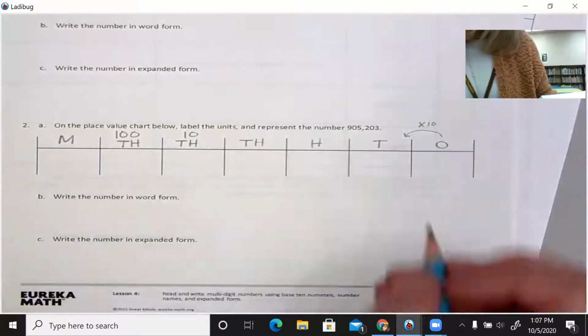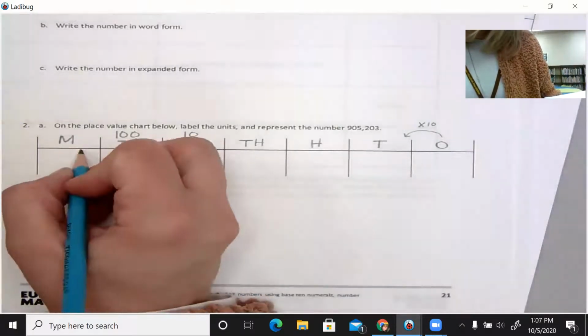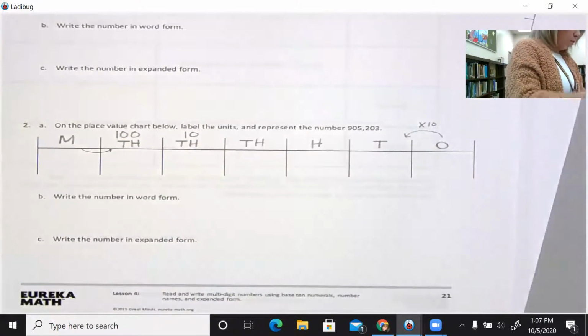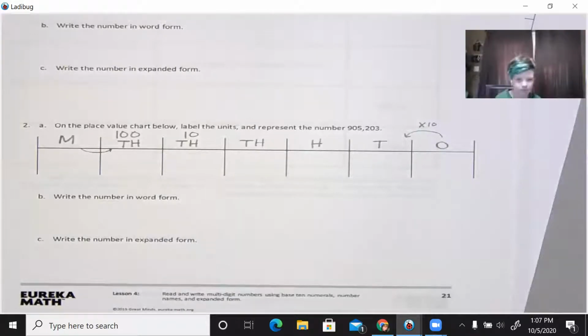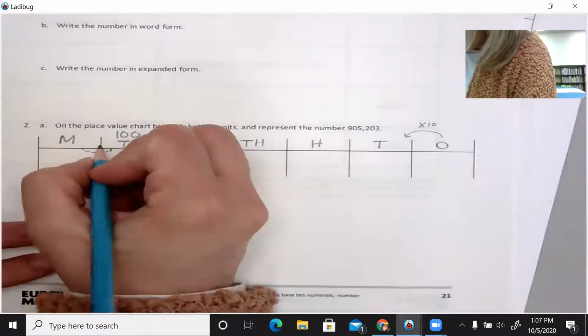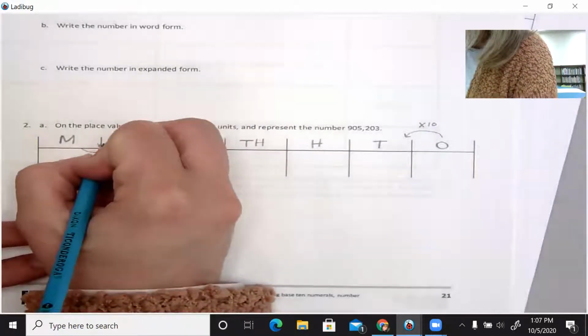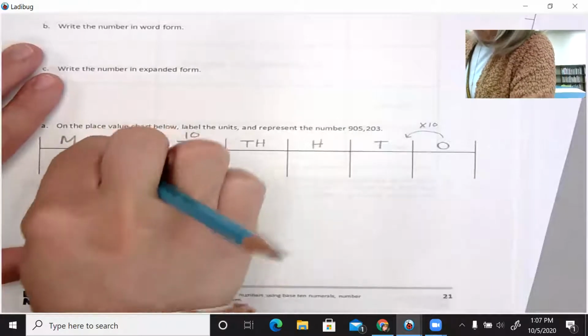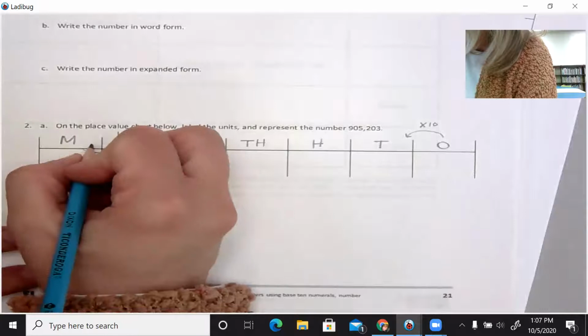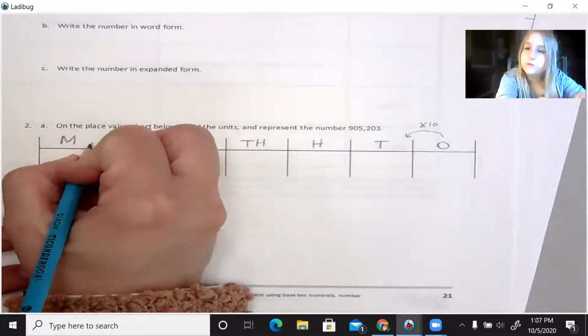When we start in the millions and go back to the 100,000s, are we getting bigger or smaller? Smaller. How much smaller? 10 times smaller. Good. So instead of multiplying by 10, what operation are we doing when we're going backwards? What's the opposite of multiplication? Division. Good.